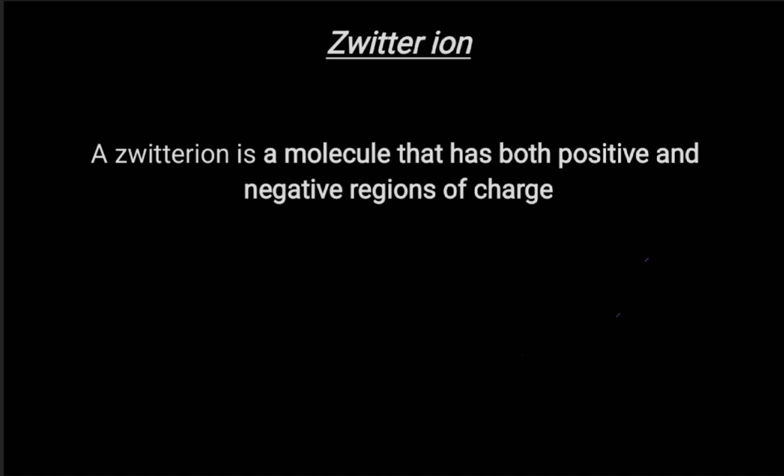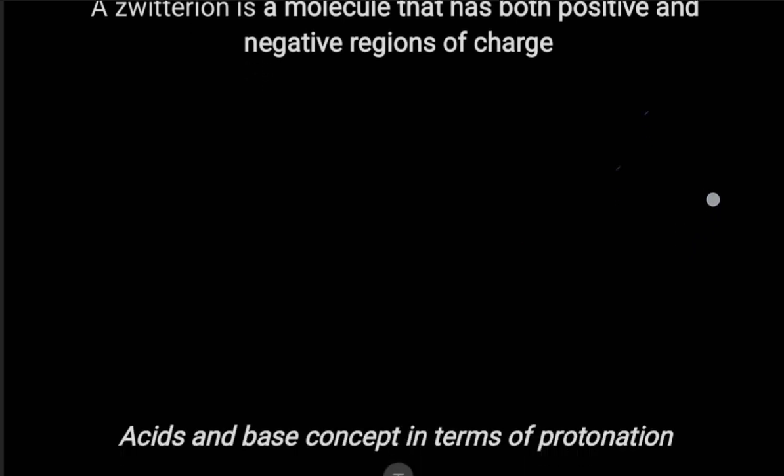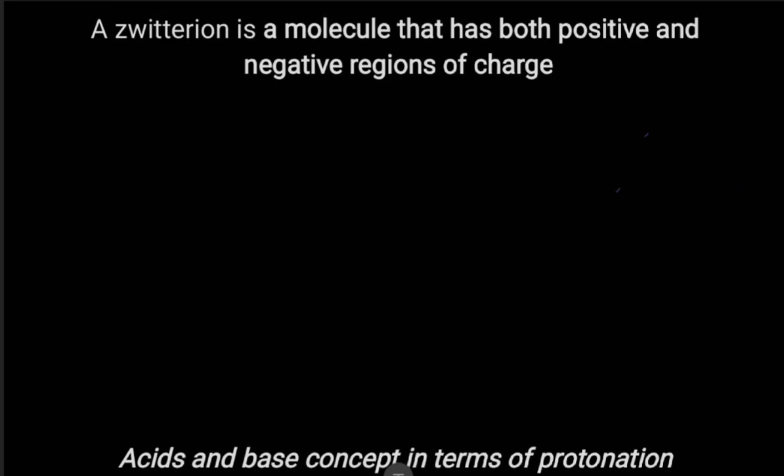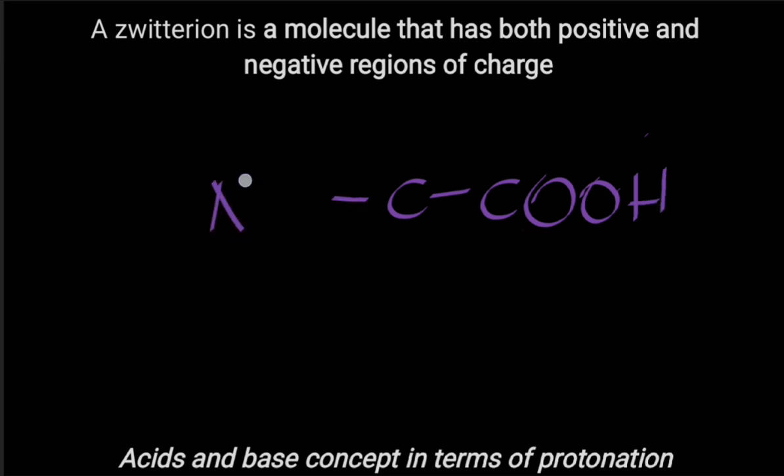So I'll be showing you how a zwitterion looks like. So we all know that the structure of amino acid consists of an alpha carbon, and we have a carboxylic group, right? And then we have an amino group, we have a hydrogen, and then we have an R group.